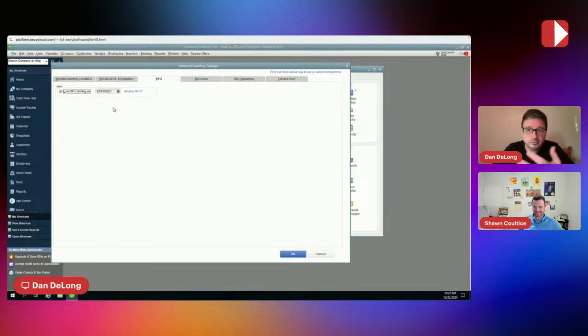You can just check this off, and then you can put the date of calculation. And then what QuickBooks will do is it will recost all of your inventory items from that date, going from weighted average to FIFO or back again, right? So this is not a check mark to be taken lightly, especially if you have a lot of transactional information for all of these transactions coming in and shipping and receiving and selling these things.